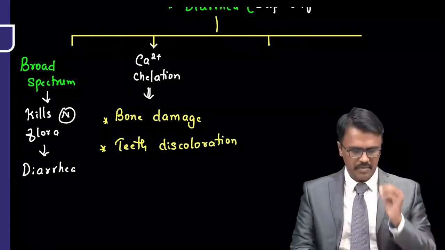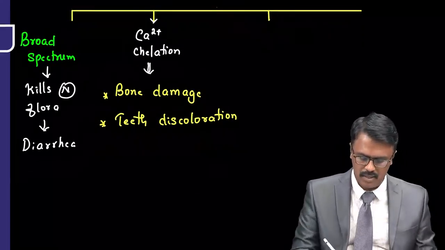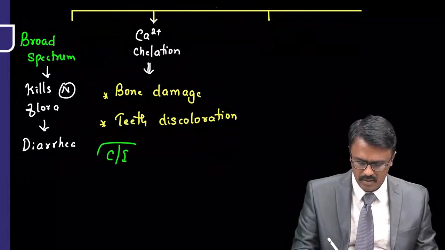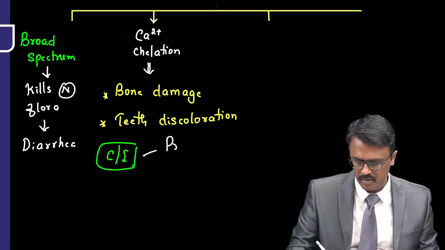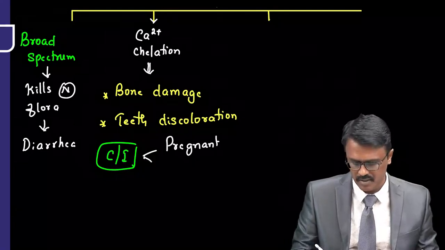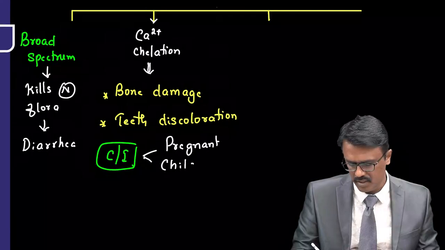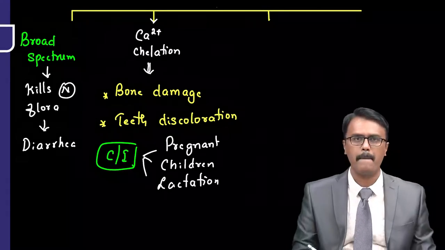So if it is doing this, teeth discoloration and bone damage, which group of patients should we never give it? It is contraindicated. Which patient? Obviously, we should not use it in a pregnant woman, because the fetus will have bone damage. Children, the growing children require proper bone, and lactation, it is contraindicated because of this problem.